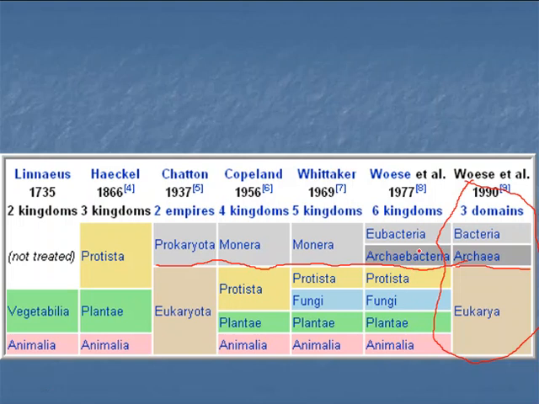And so we'll look at the differences of these two next a little bit more, but you can see that throughout the different seasons of this, they kind of changed the name of how they wanted to classify the prokaryotes. And then we finally just went to a 3 domain system where you've got 2 domains of the prokaryotes and 1 domain of the eukaryotes.